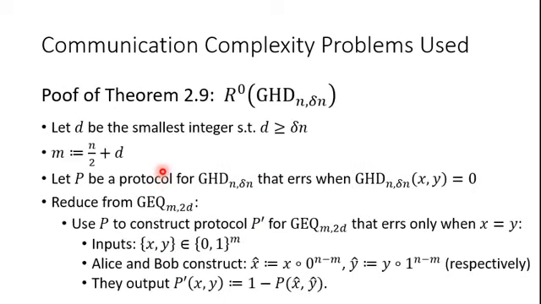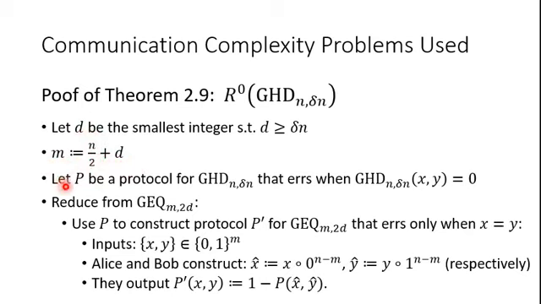To prove the theorem for the communication cost that makes errors only on 0, we'll do the following. Let d be the smallest integer that is still at least as large as delta n, that's our t here, and we'll set m to be half the size of n plus this d.